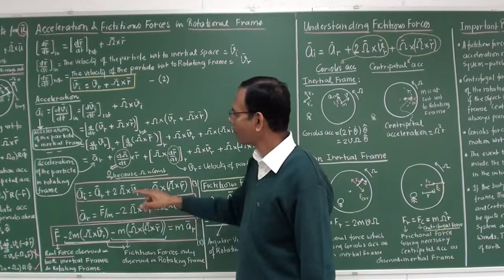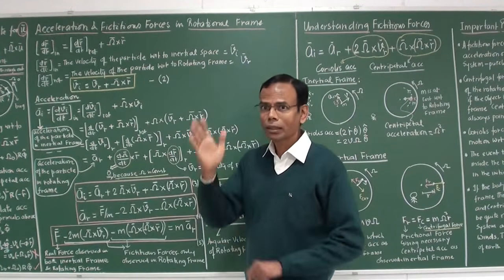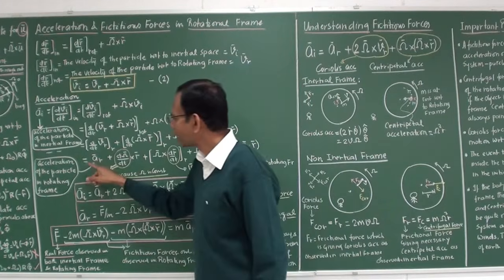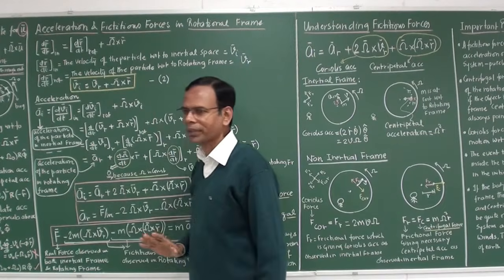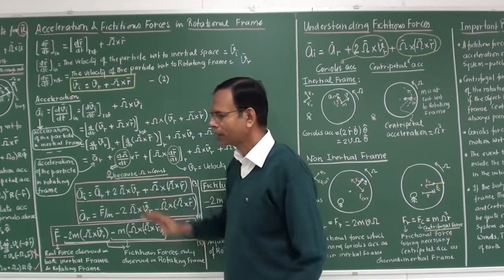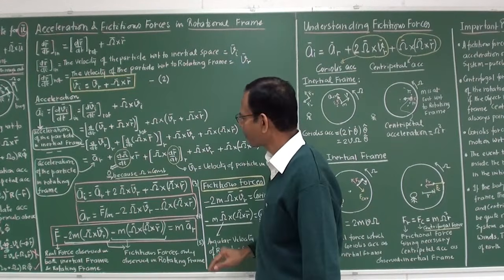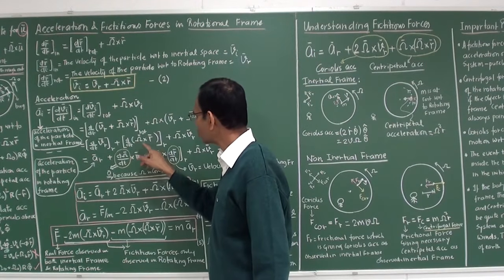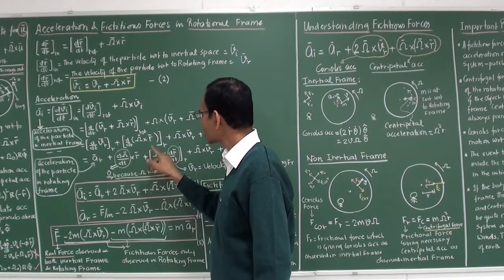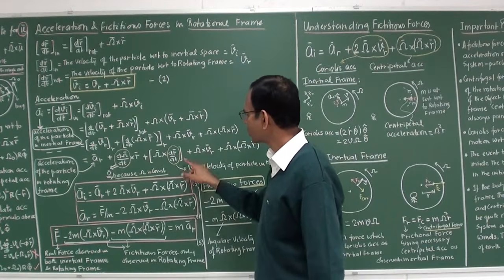What is ar? ar is the acceleration of the particle in the rotating frame. It is not that in the radial direction, no. ar is the net acceleration of the particle in the rotating frame. Plus d of omega cross r: first you differentiate d omega by dt cross r, plus omega cross dr by dt, in the rotational frame.